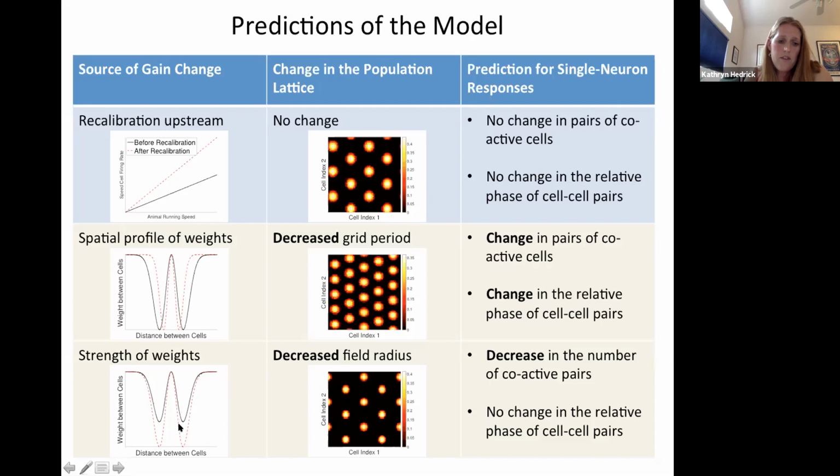And finally, if there's a change in the strength of the weights, then that will not lead to a compression at the population level, but you'll see a smaller radius of each field. And so that might decrease the number of coactive pairs while having no change in relative phase of cell-to-cell pairs.